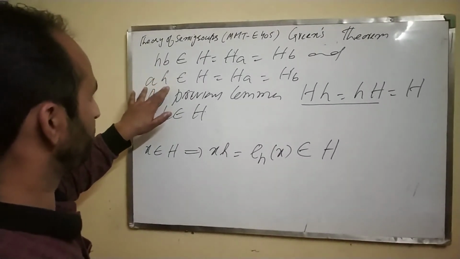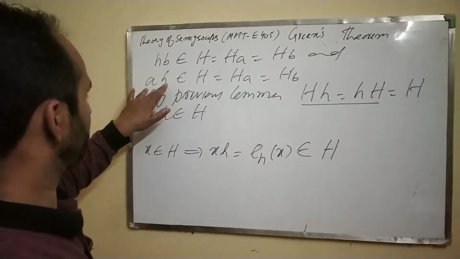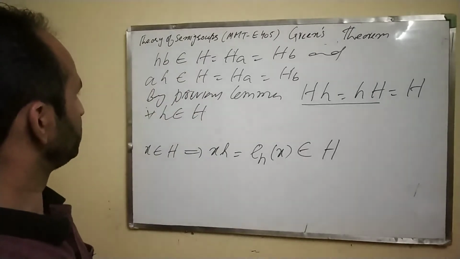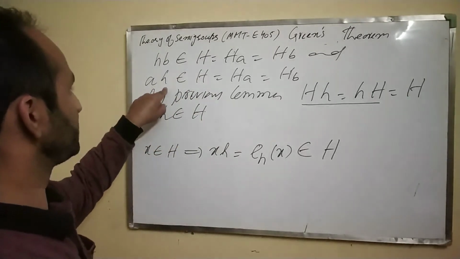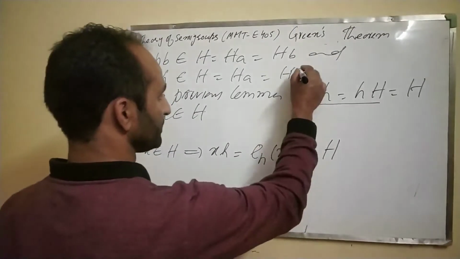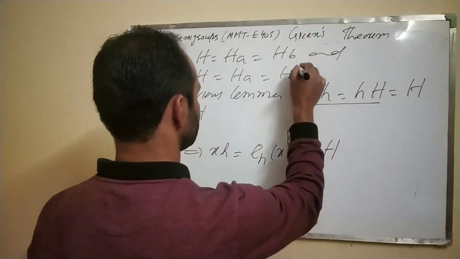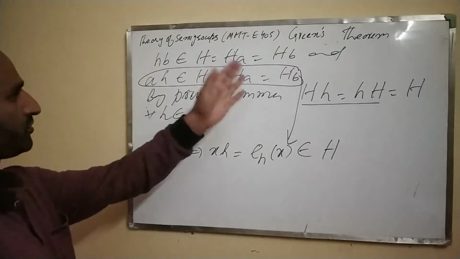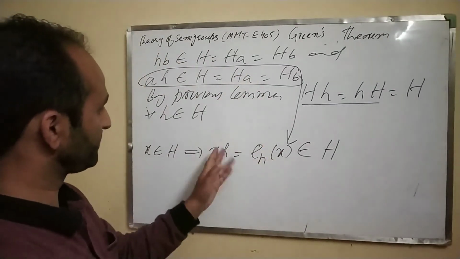You can apply it here. AH belongs to H. So that means rho H of X equal to X. Actually, from this one it concludes from this equation. Rho H is a map from H onto itself, defined by rho H of X equal to XH.